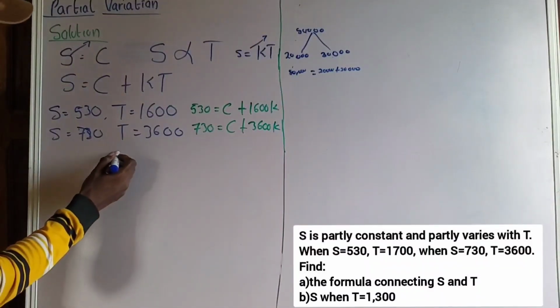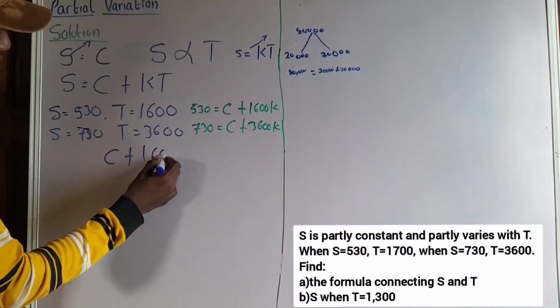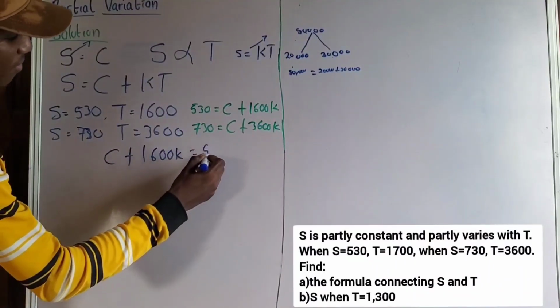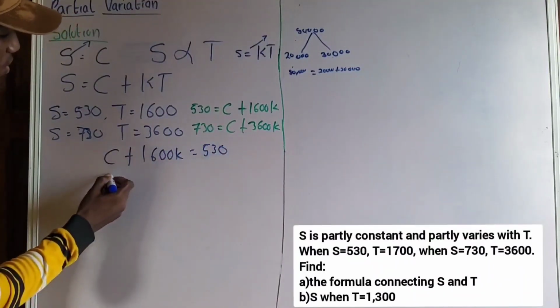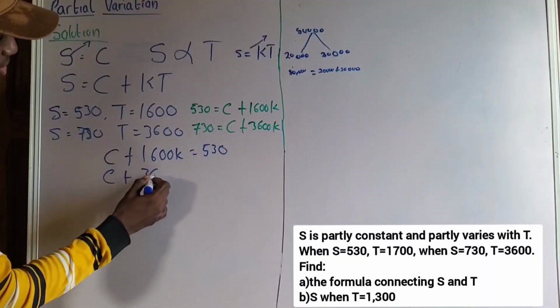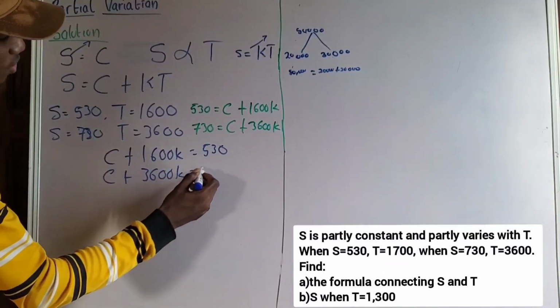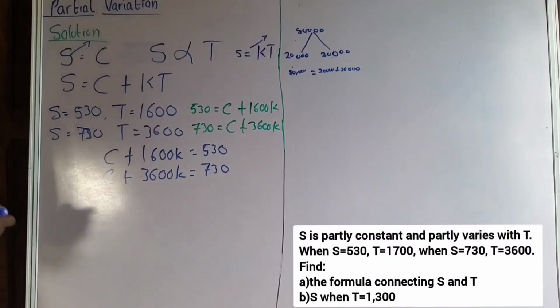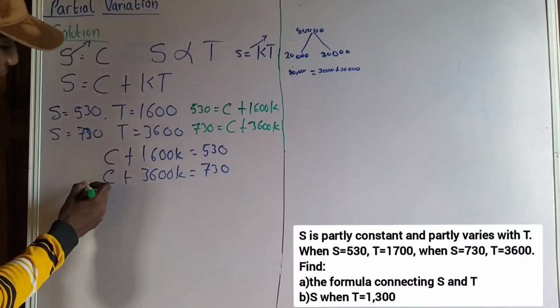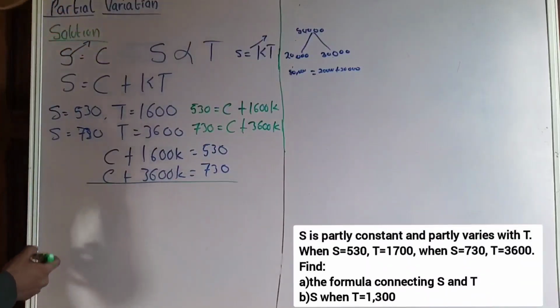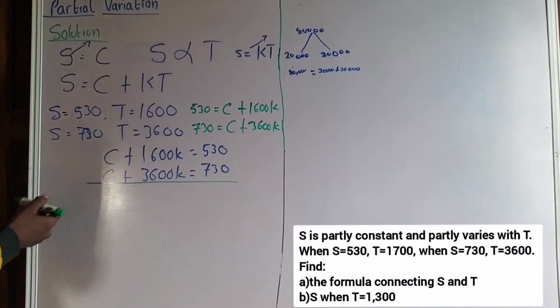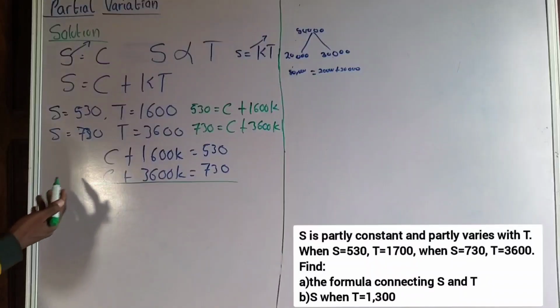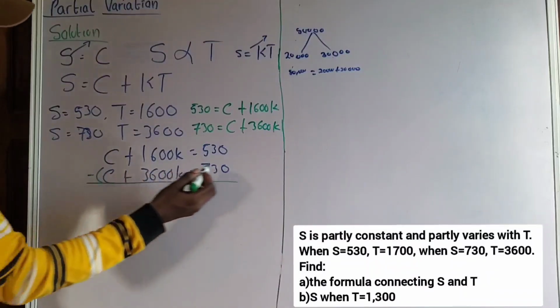So I'm going to have C plus 1600K equals 530, and C plus 3600K equals 730. We can solve this using any of the methods that I listed, but I'm going to use the elimination method because that's the easiest one. We can get our answer directly.